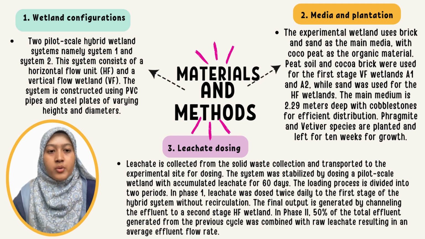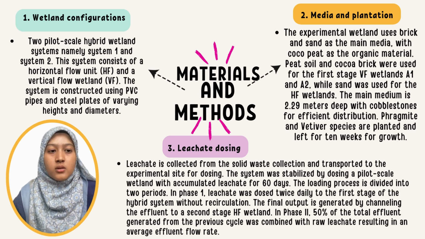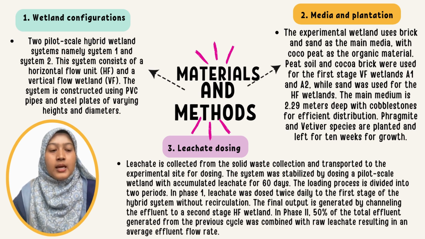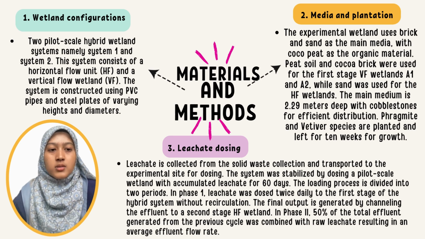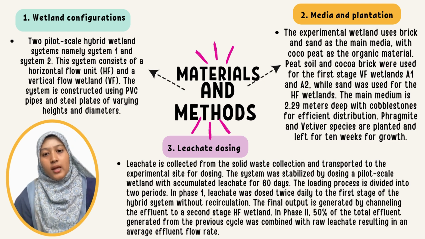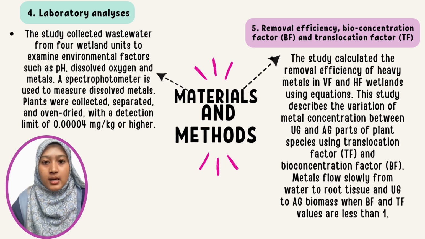The final output is generated by channeling the effluent to a second stage HF wetland. In phase 2, 50% of the total effluent generated from the previous cycle was combined with raw leachate, resulting in an average effluent flow rate.